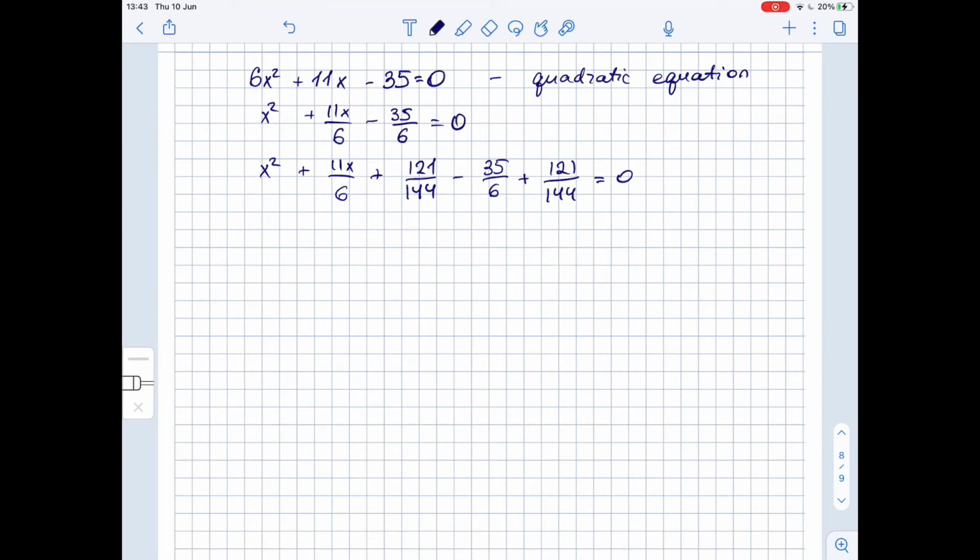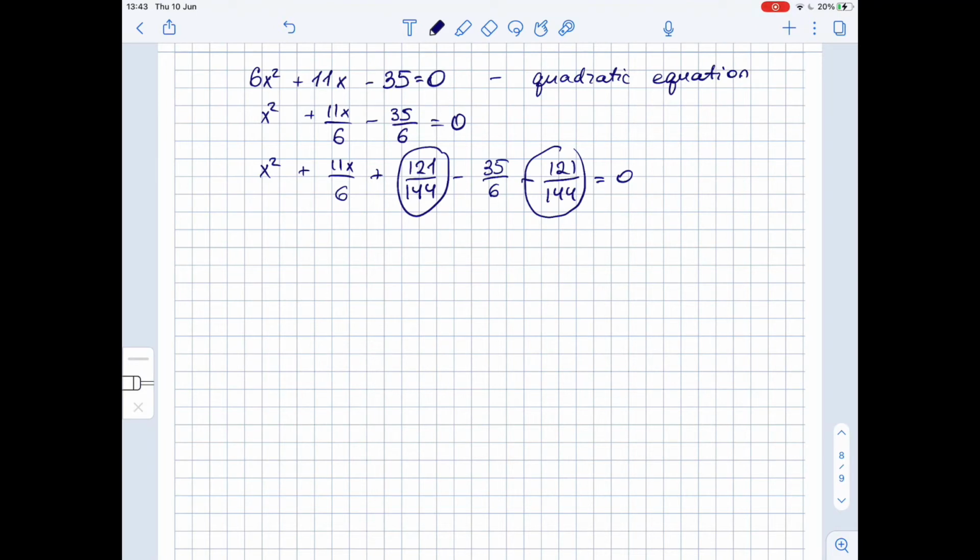So what we have done, we have added 121 over 144 and we have subtracted it. So we didn't change our equation, but we added a component which we need to build a complete square.